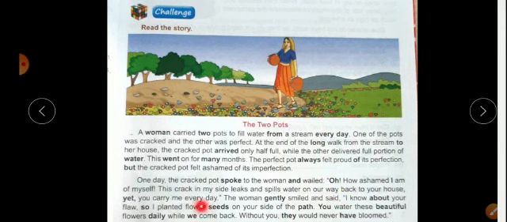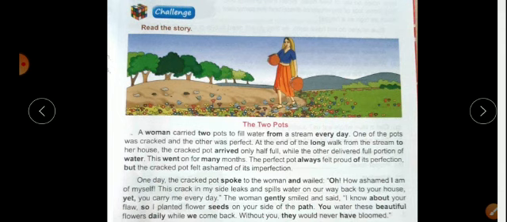Yet you carry me every day." The woman gently smiled and said, "I know about your flaw, so I planted flower seeds on your side of the path. You water these beautiful flowers daily. While we come back without you, they would never have bloomed."